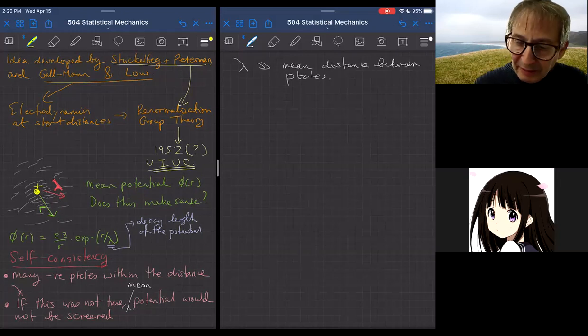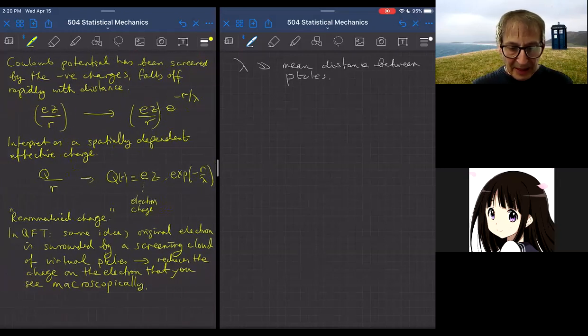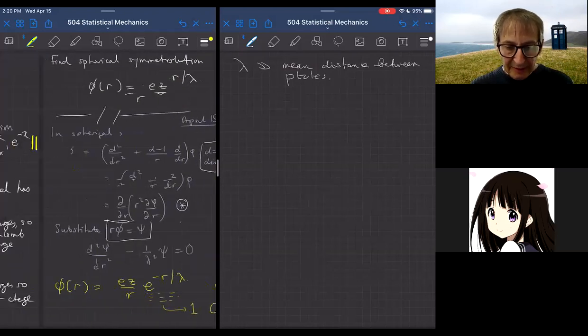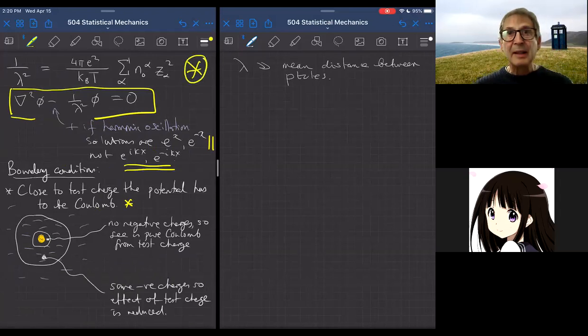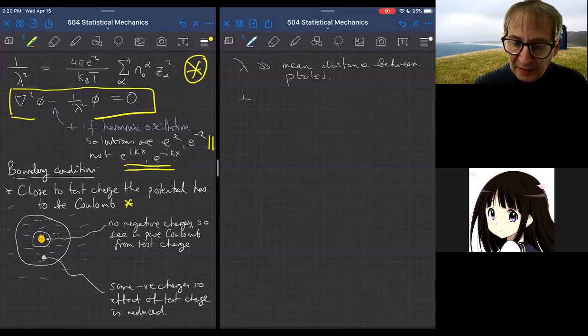So we know what lambda is. Lambda is given by this formula over here. Here we are. So we can write down that lambda squared is 4 pi e squared over kBT, and then we need the sum over alpha of n naught alpha z alpha squared in general.